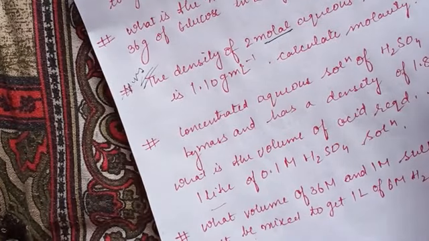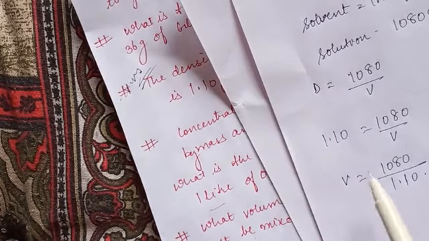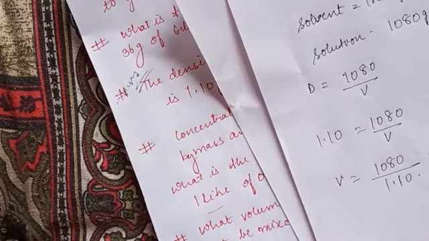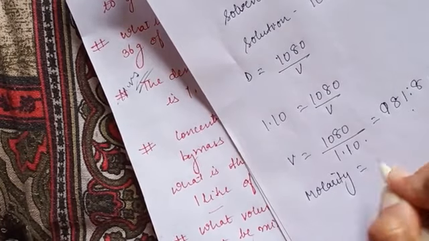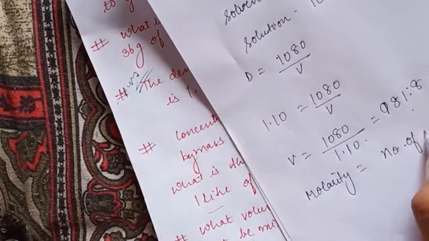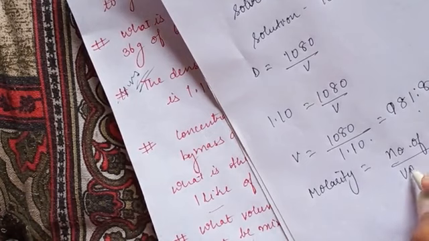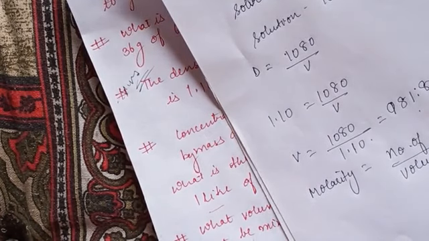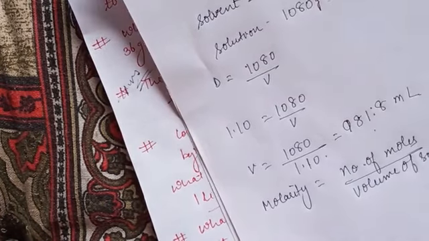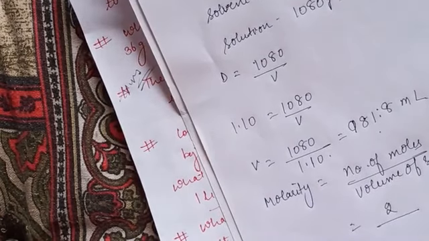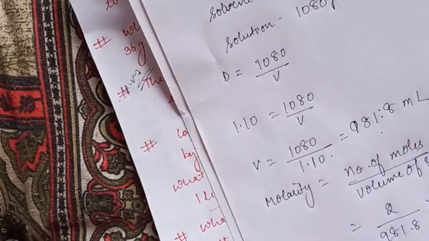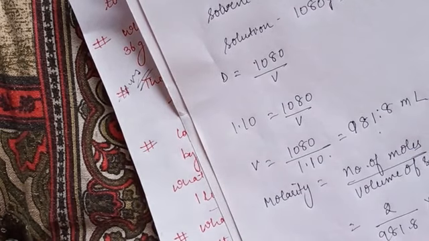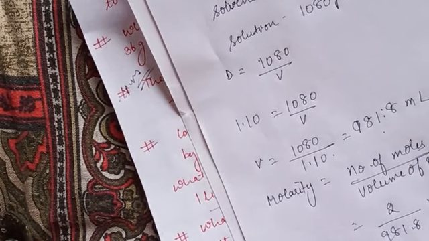Now we have the volume, and we are to find the molarity. What was the molarity? Number of moles divided by volume of solution in liter, but it is given in milliliter. Moles we know, 2 moles, volume 981.8 divided by 1000 to get liters, and when we solve it, it comes out to be 2.04 molar.